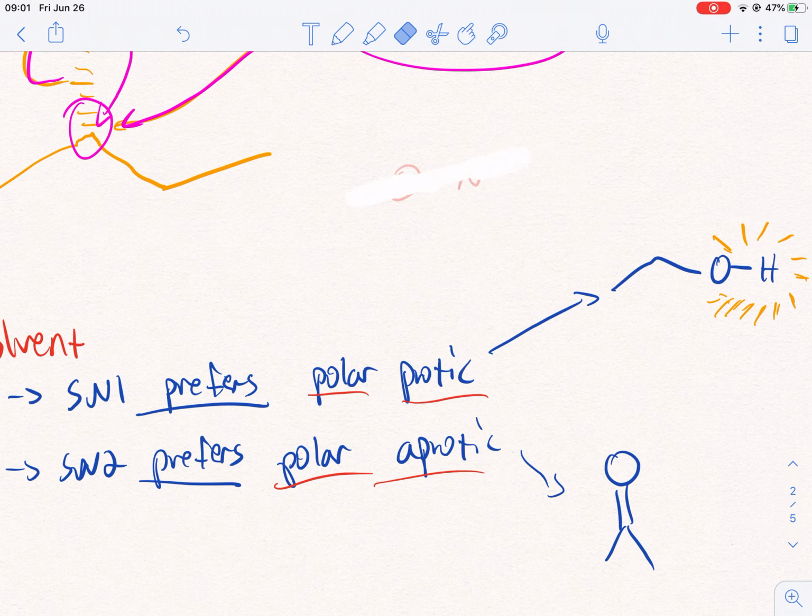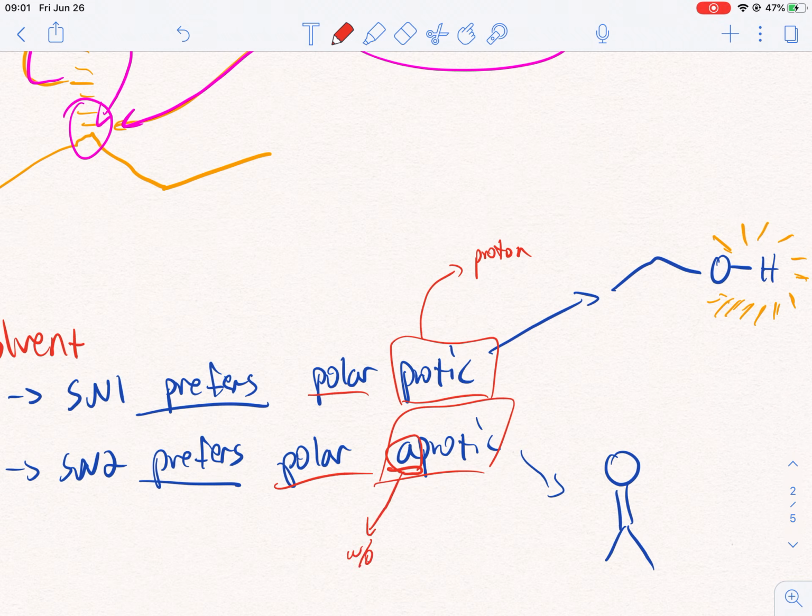And this word protic is telling us that on that heteroatom, there is a proton. In this word aprotic, a meaning without, protic meaning proton. So SN1 prefers a solvent that is polar with a proton on the heteroatom. SN2 prefers a solvent that is polar without a proton on the heteroatom.